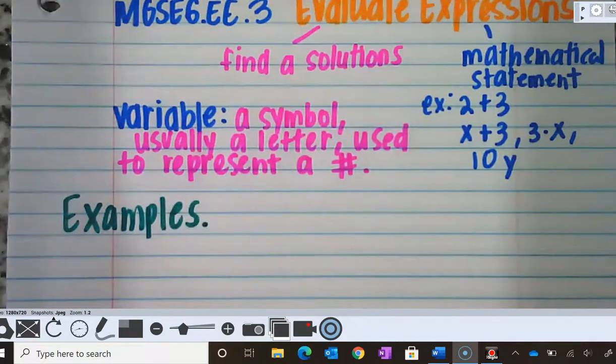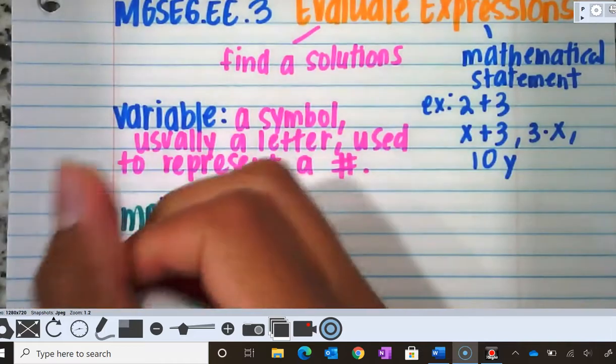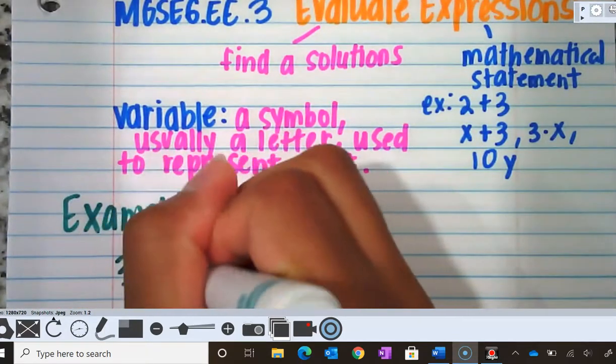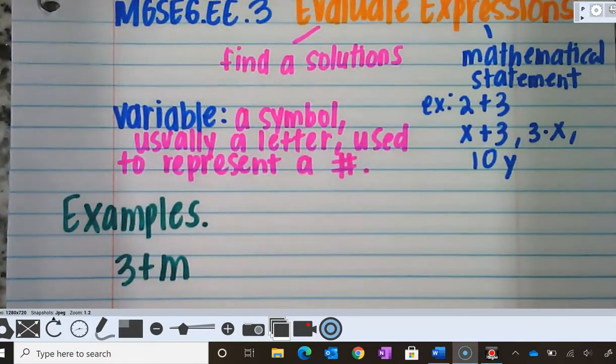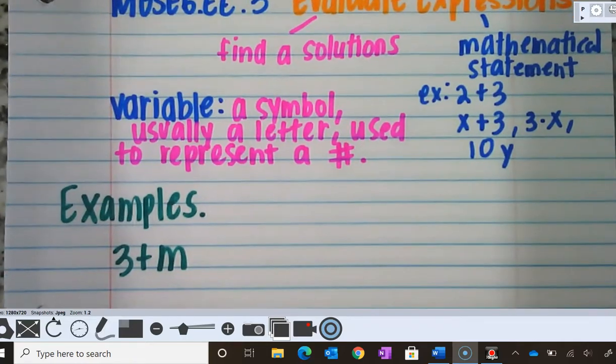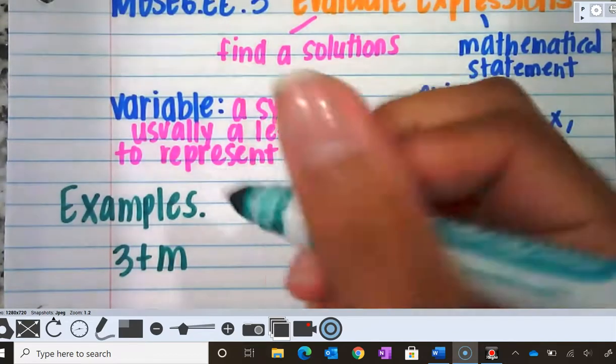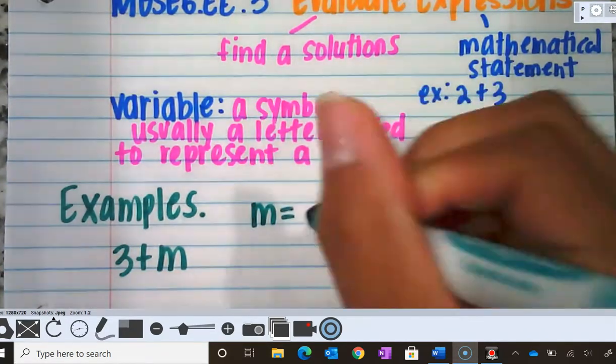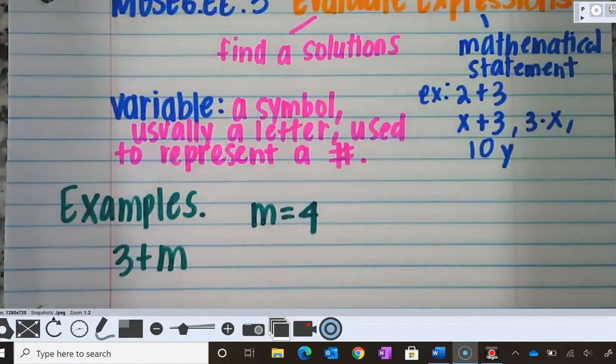So the first example I want to do is 3 plus m. And I want to give some information because right now I can't do anything with 3 plus m because I'm not sure what m is equal to. So let me tell you what m is equal to. Let's imagine m is equal to 4.